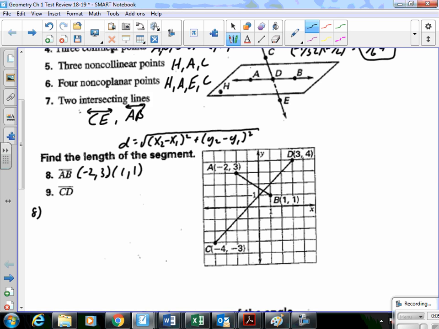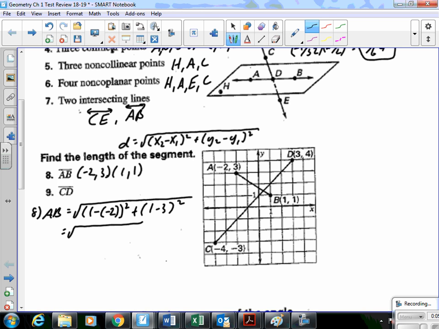So then for AB, we have the square root of the two x's. So 1 minus -2 squared plus the difference in the y's, 1 minus 3 squared.